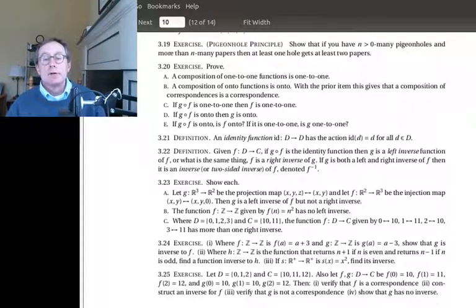So if G circle F is the identity, in some sense G cancels out or undoes F. Then G is called the left inverse of F. G cancels out F when acting from the left. And again, a lot of times the words are a clue. The word here is a clue that it's not as straightforward as adding 7 and subtracting 7. Sometimes more complicated things can happen, and of course I have examples here.